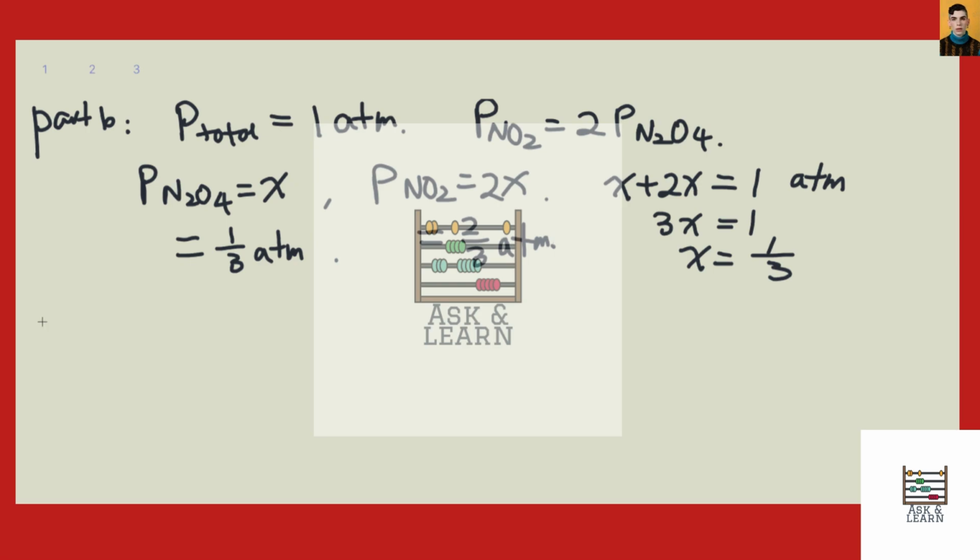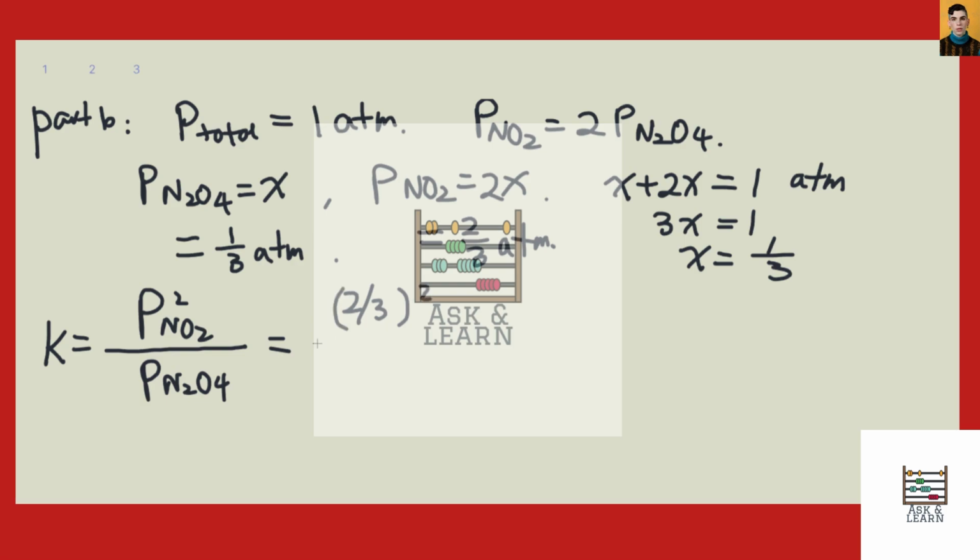So the equilibrium constant has now changed. It is equal to the pressure of NO2 squared divided by the pressure of N2O4, that is 2/3 squared divided by 1/3, and you get a number of 1.33.